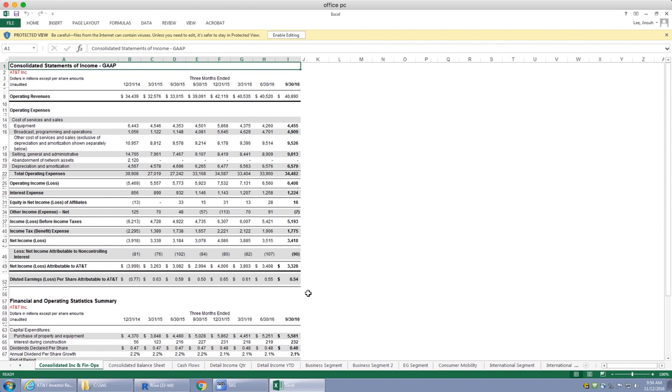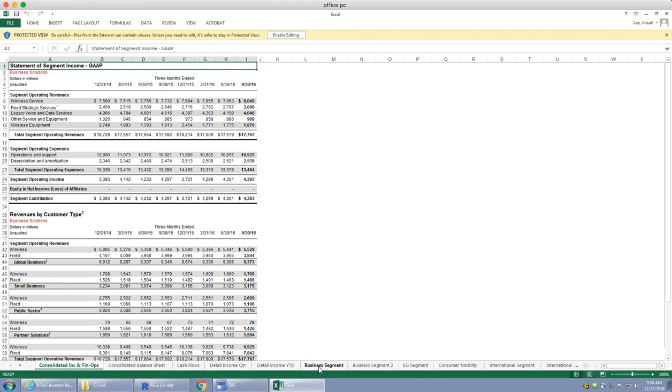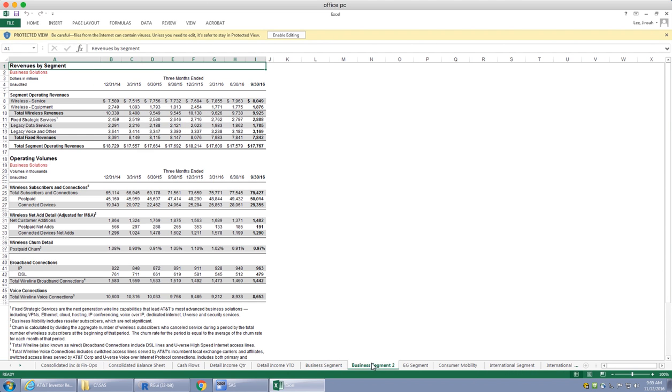So here let's go to the business segment sheet. We probably notice that there are the operating revenues that we can use, the operating expenses, and the segment contribution. So we can probably use this as the margin. If I go to business segment 2, I notice that I have the subscriber information, the total number of subscribers here.